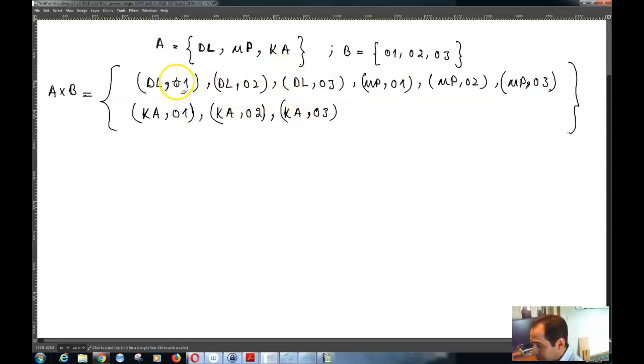And the set, as you can see, has 1, 2, 3, 4, 5, 6, 7, 8, 9 elements, which is 3 times 3 is equal to 9.